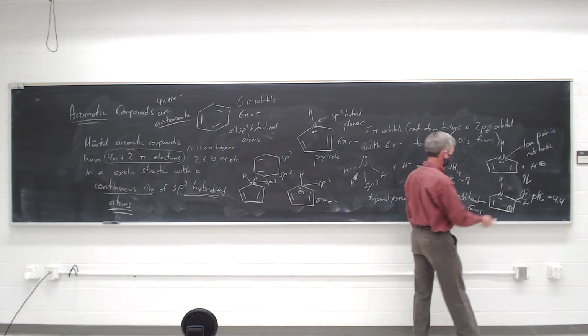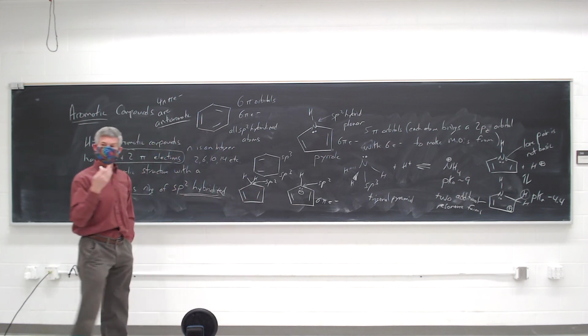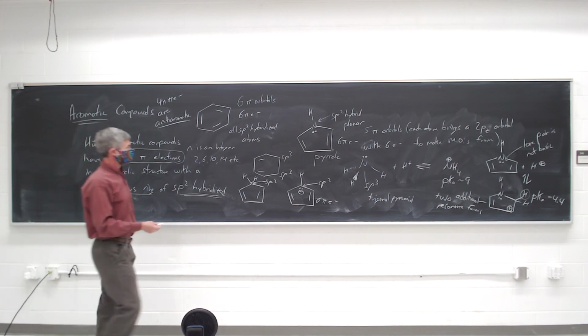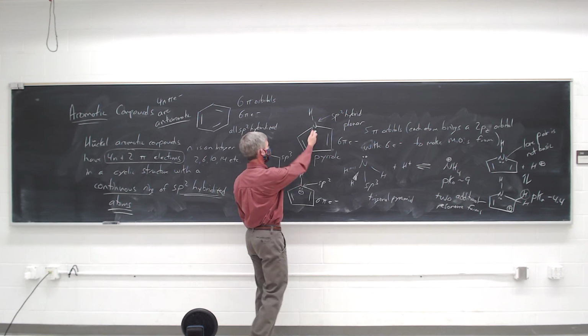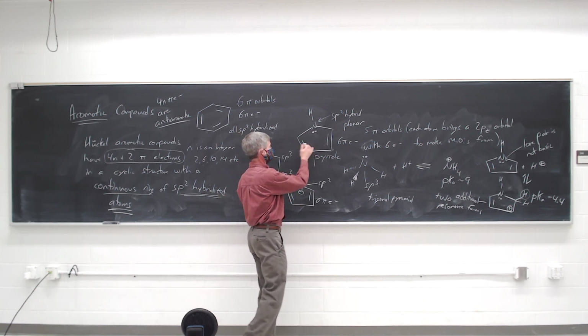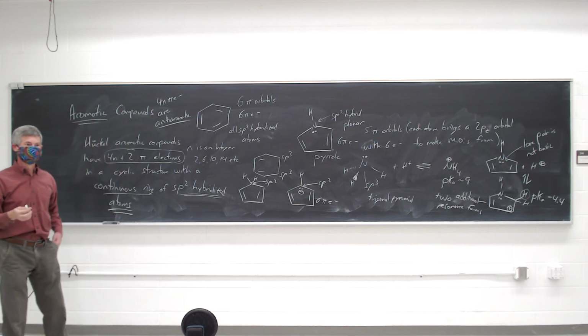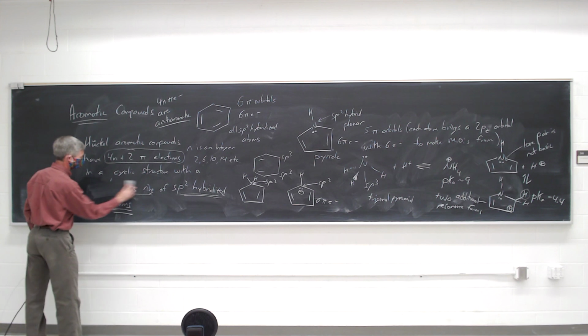Right? So because that lone pair in pyrrole is part of an aromatic system, it's not free to react as a base. Right? It's interacting with these pi bonds, and when the proton comes and says, I'd like your lone pair, these 2 pi bonds say, nope, we've already got that lone pair, you can't have it. We're going to stay aromatic.